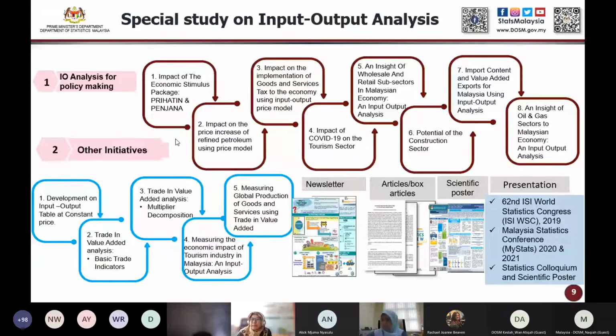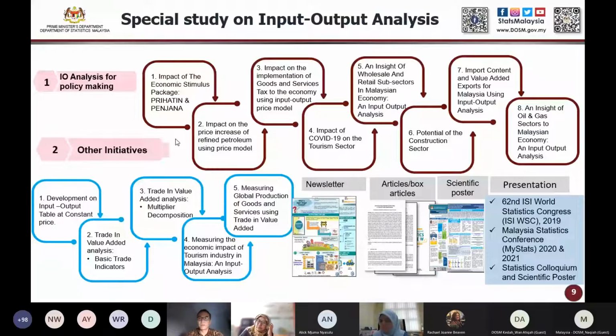We have analysis for policy making. For the impact of the economic stimulus packages, Prihatin and Penjana, the findings provide input to the government to assess the impact of the injections undertaken during the COVID-19 pandemic and anticipate the value added generated in the economy to soften the adverse impact.